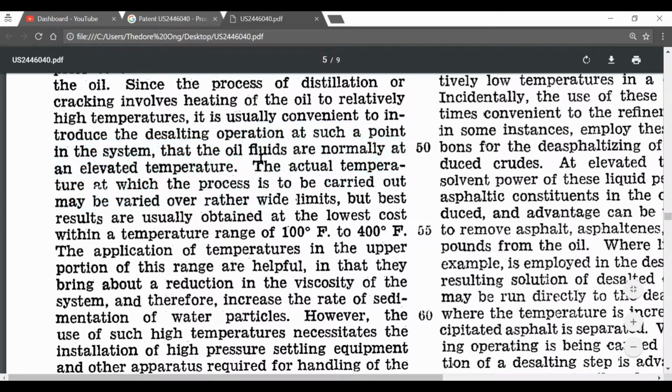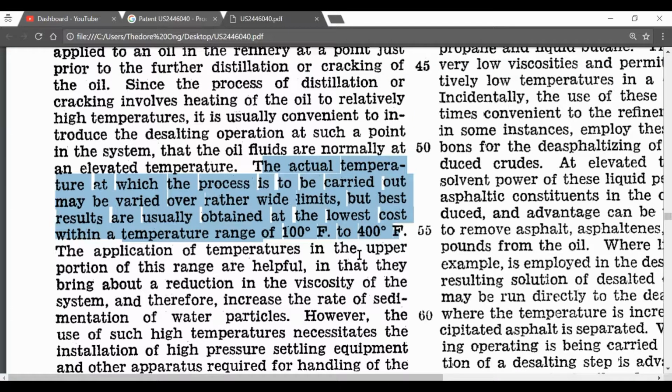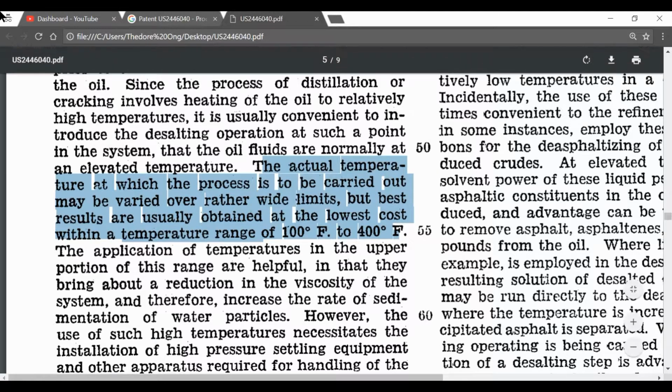So here he talks about the temperature limits, 100 to 400 F, which is about 40 degrees C to just under 170, I suppose. That's a give and take estimate. So, okay.